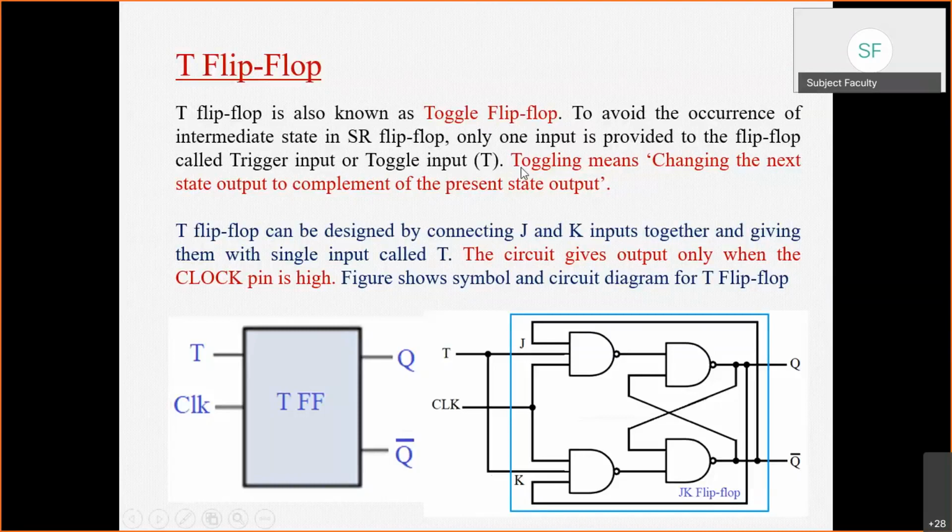So we already know about toggling. Okay. So in the JK flip flop, in the last case, what do you mean by toggling? Toggling is nothing but whatever your previous state is, the next state will be its complement.